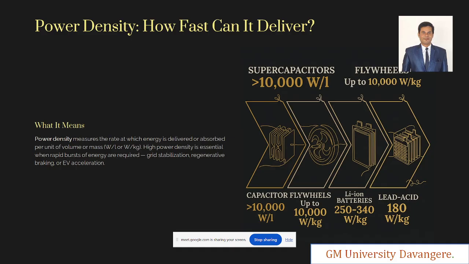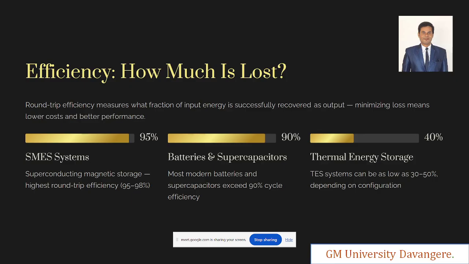And also especially in the case of RB, that is regenerative braking, and for EV acceleration also, right. Where we want a quick start, during that time the power delivery should be much faster. So that's why we use capacitors in grid stabilization as well as in regenerative braking, right.